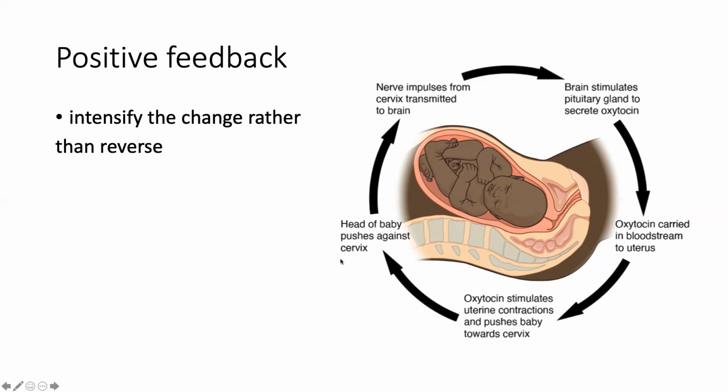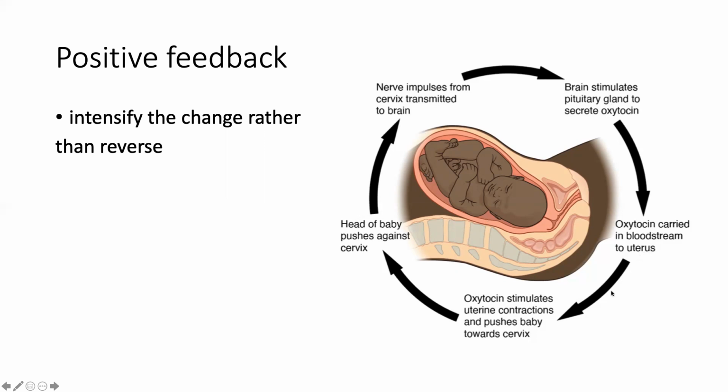It starts with the head of the baby pushing against the cervix. That stimulates the nerves in the cervix, and an impulse is transmitted to the brain. The brain stimulates the pituitary gland to secrete oxytocin. This oxytocin is carried in the bloodstream to the uterus.